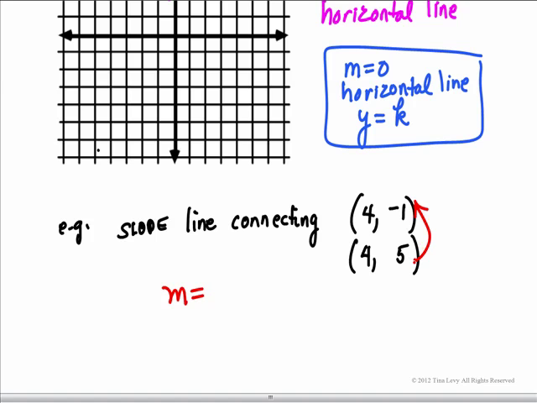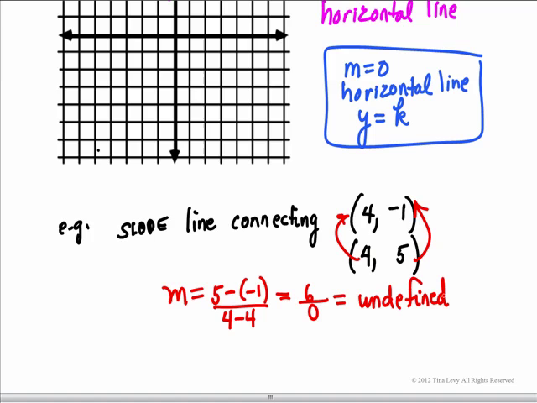I'm starting with 5, so it's 5 minus negative 1, and then we go back to the x-coordinate in the same point, 4 minus 4. So this is 5 plus 1, 6 over 0. But we know that when you have 0 in the denominator, it's called an undefined value. So we now have an undefined slope.